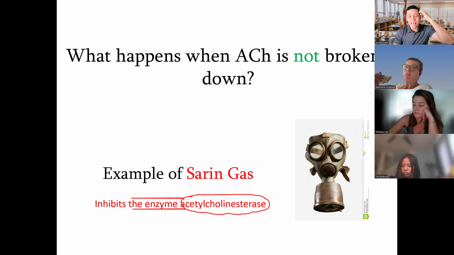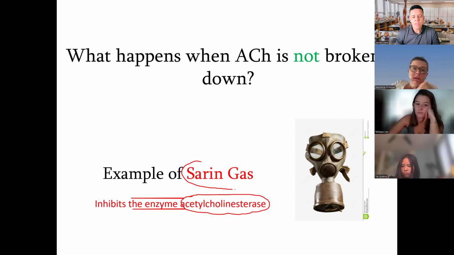The chemists came up with a man-made gas called sarin gas. What does sarin gas do? Sarin gas is a very effective way to kill people. Thousands, if not millions of Jews died in concentration camps due to inhaling sarin gas.